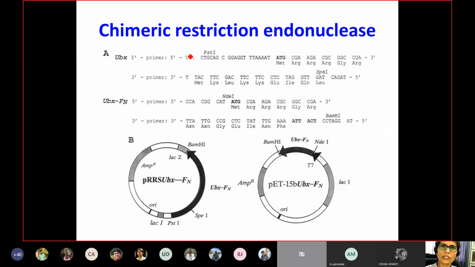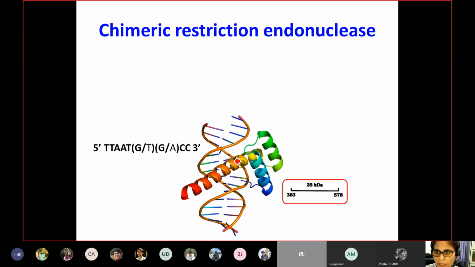If you remember, in our last lecture, especially lecture number 8, we talked about a chimeric enzyme, which was formed basically by linking two domains, specifically one from the ultrabithorax gene, and the zinc finger nucleases. Similarly, by doing so, one is able to target 7 to 9 base pairs. So if you see here, it was initially found as a 7 base pair, and then it was changed to a 9 base pair sequence.